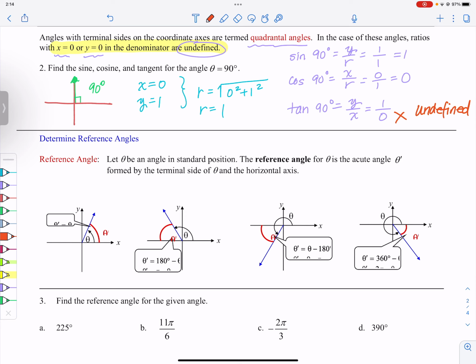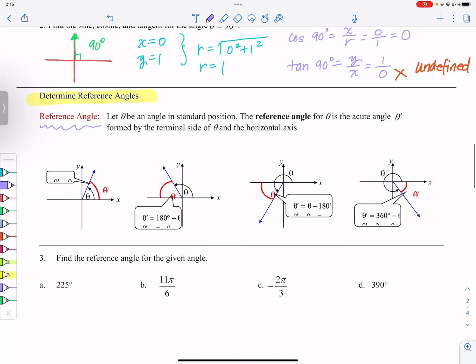So now we will determine reference angles. Reference angles can be quite simple, but you have to practice this. And once this is practiced a few times, you'll be able to work any of these problems. Some of these diagrams below are not written properly. The printing didn't come out, so I'll make sure to correct these when we get there.